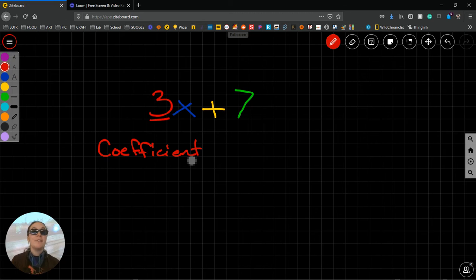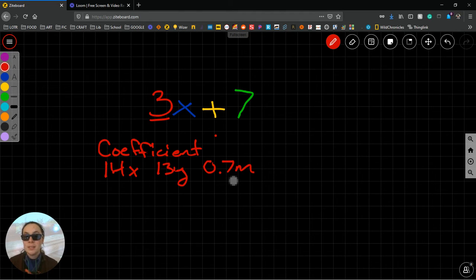And it doesn't matter if it's 3x or 14x or 13y or 0.7m. All of these, 0.7, 13, 14, are coefficients.